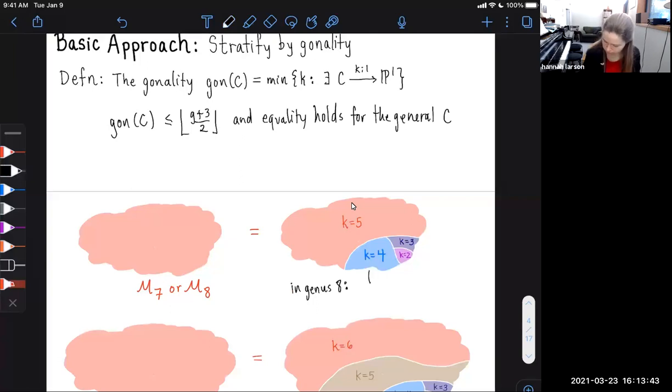So in codimension 2 is where we see the curves of gonality 4. Then the curves of gonality 3, they're more special. They occur in codimension 4. And even more special is gonality 2, which occurs in codimension 6.